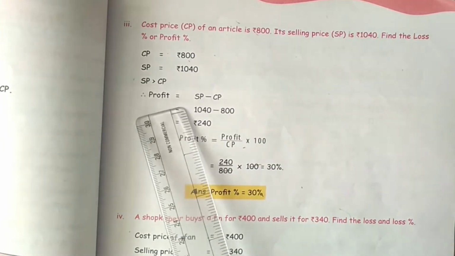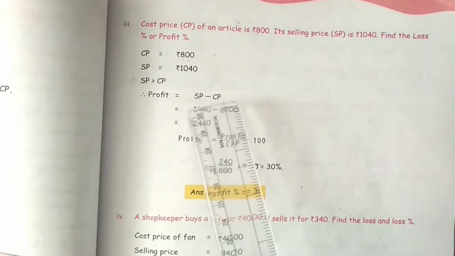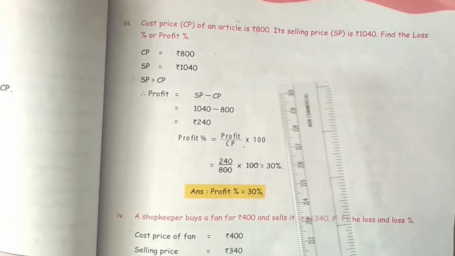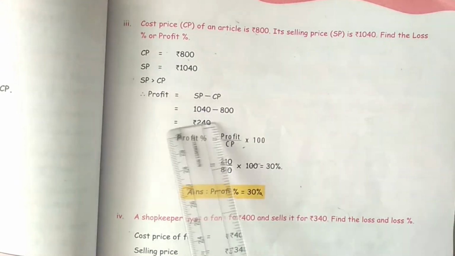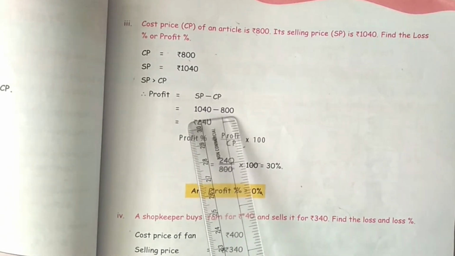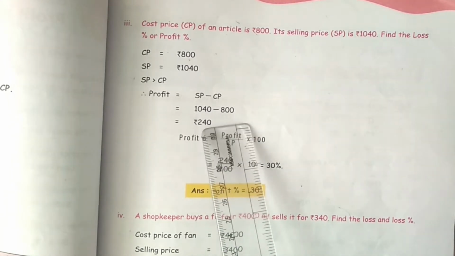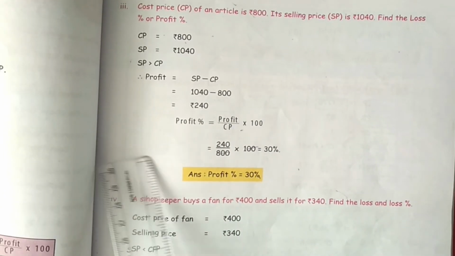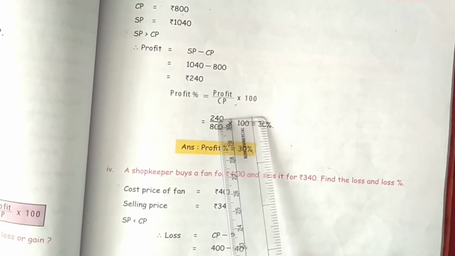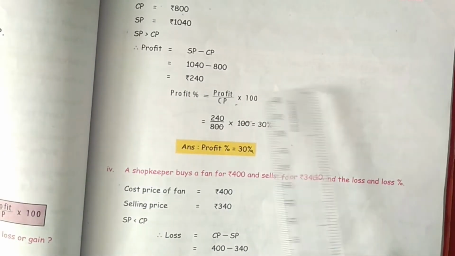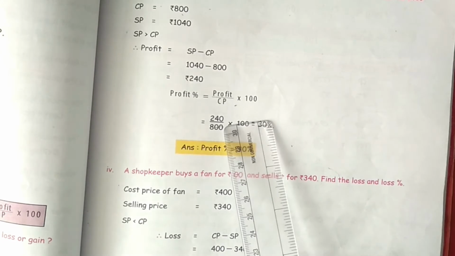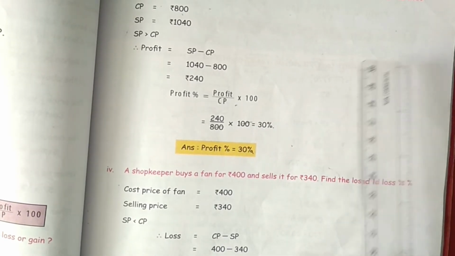What is the formula for this? Profit is equal to selling price minus cost price. That is 1040 minus 800. The profit is 240 rupees. Now we shall calculate the profit percentage for this. So profit how much? 240. Cost price 800.